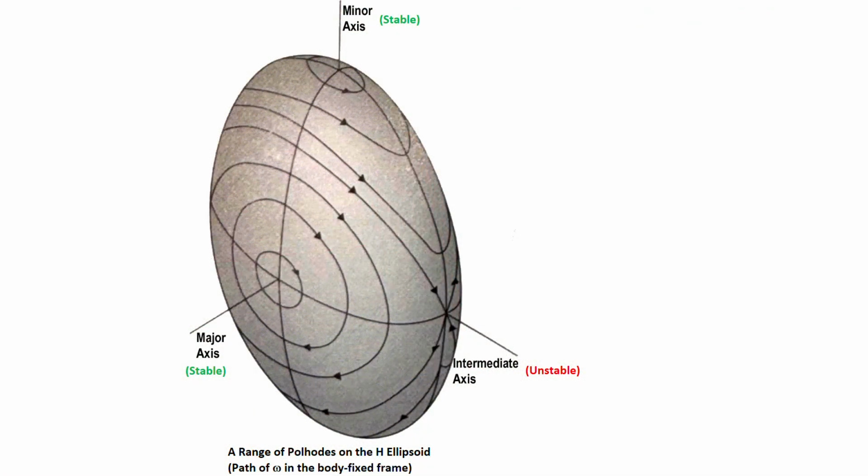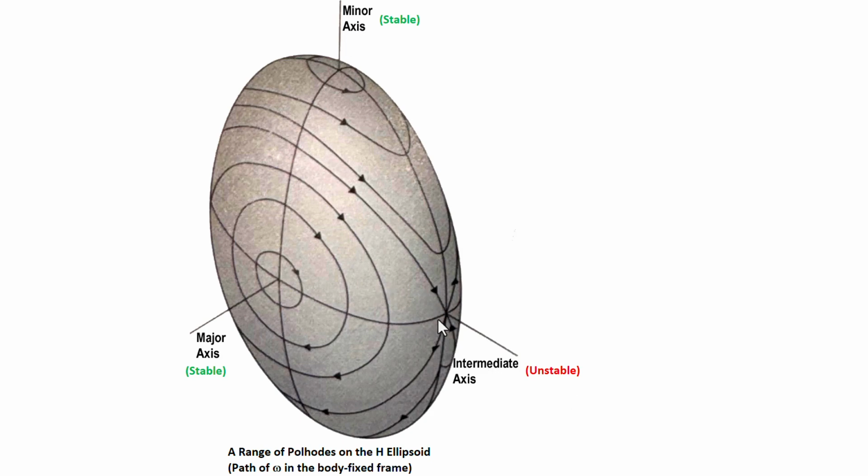One way to interpret this motion and what's going on is to look at what are called polhodes. This ellipsoid right here is what's called the H, or angular momentum ellipsoid. Basically, if you imagine this is the minor axis of the airplane, this would be pointing straight up.